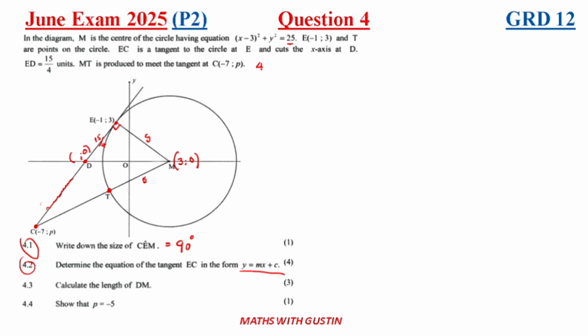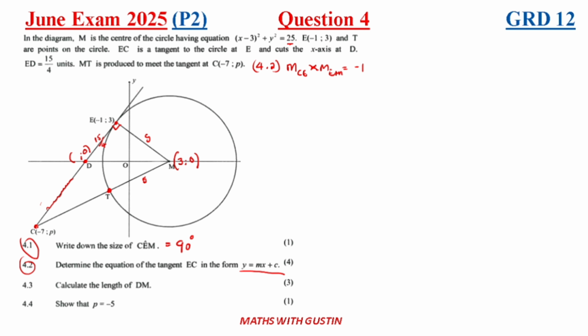So let's come here. 4.2. If it's a tangent, then we know that the gradient of CE, when you multiply it with the gradient of EM, is going to give us -1.